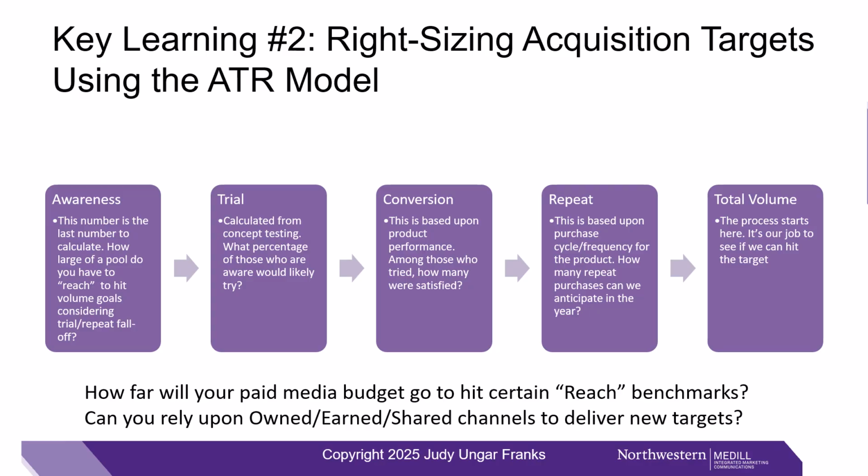Well, if you have the data from the concept testing, you can literally say, okay, what is my reach goal to make sure that I am reaching enough people like Judy so that when the percentage of those reached try, and when the percentage of those who try convert, and when those who convert actually repeat throughout the year, I hit my volume targets.